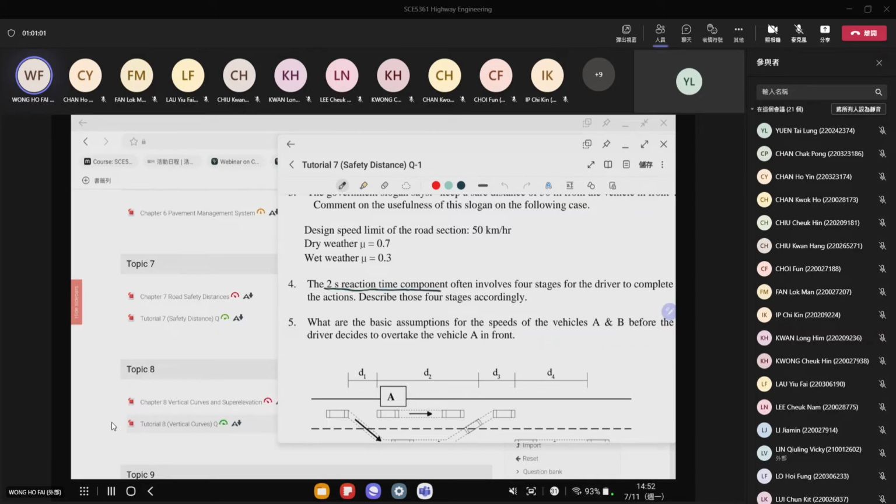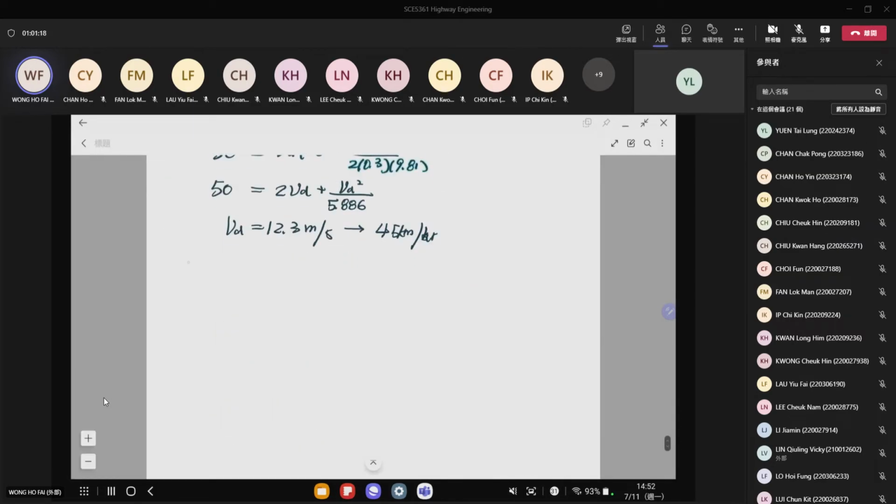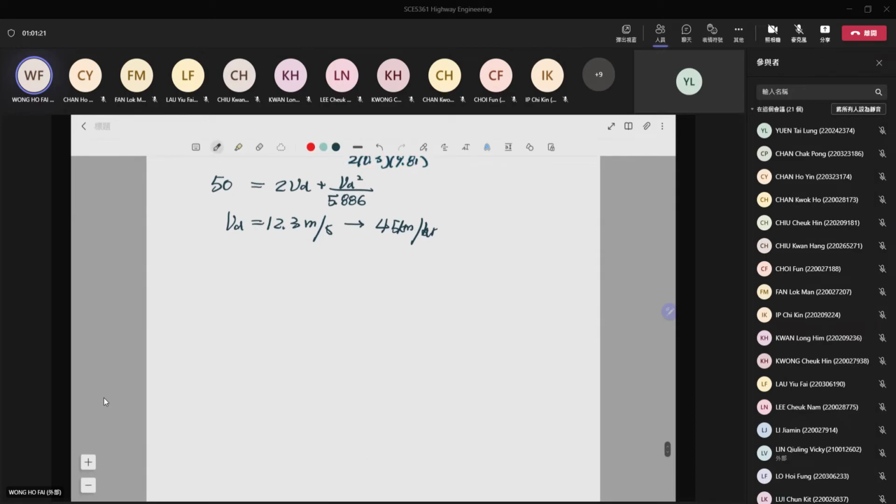The 2-second reaction time, we always mention that it has 4 stages. First one, actually, you have the so-called sensation. So you will actually have some feeling for that.